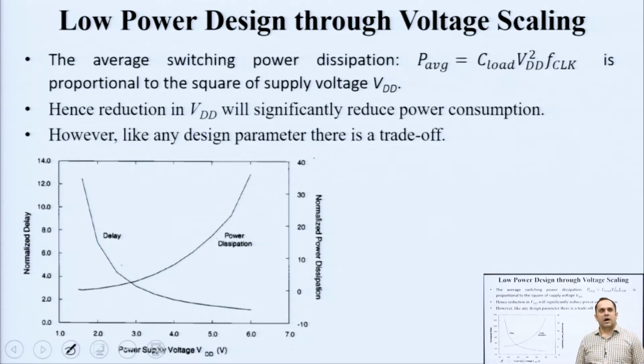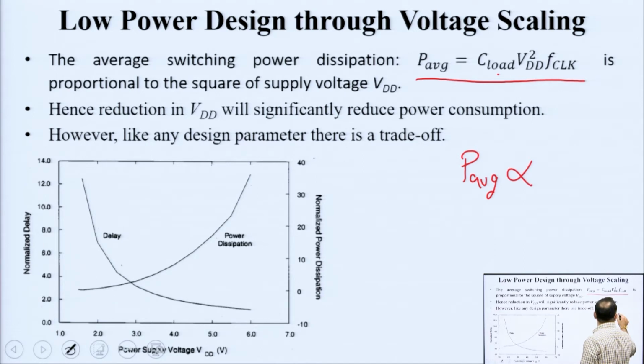Okay. In the last lecture we have seen this equation, which is the average switching power dissipation, which depends upon load capacitance, the load being charged, square of supply voltage and the clock frequency. So, I can say that the average switching power is proportional to the square of the supply voltage.